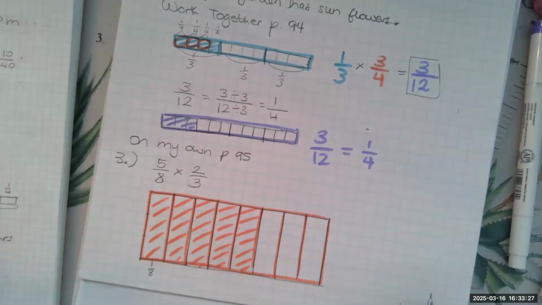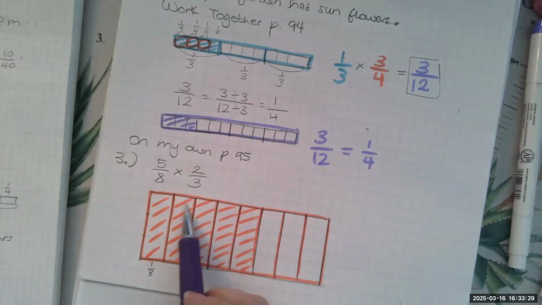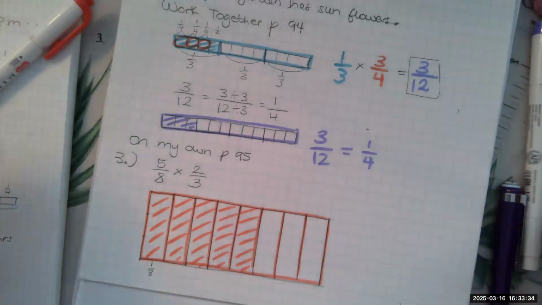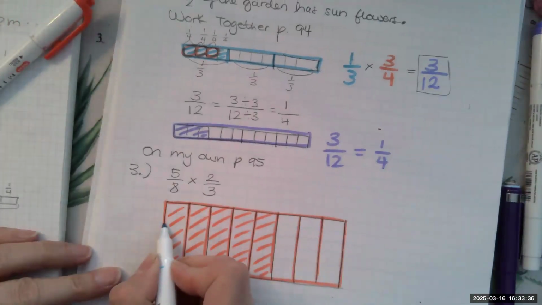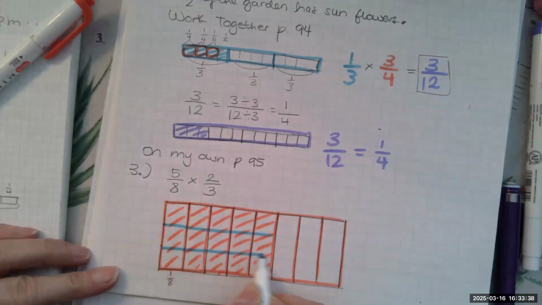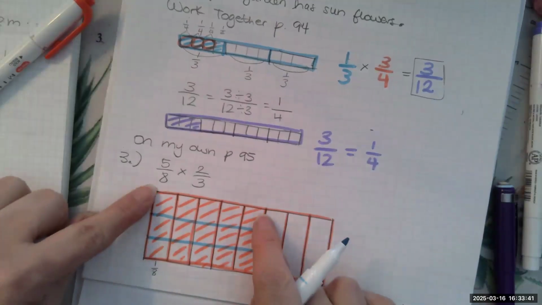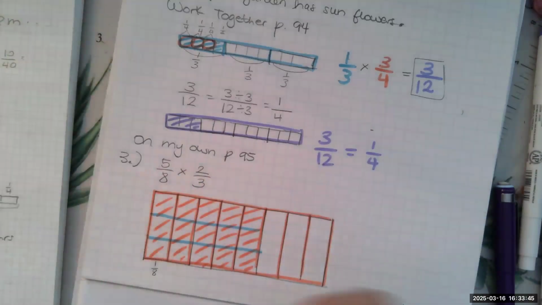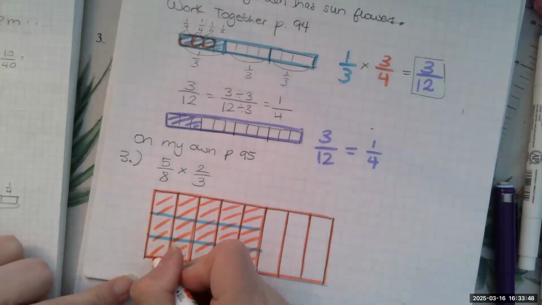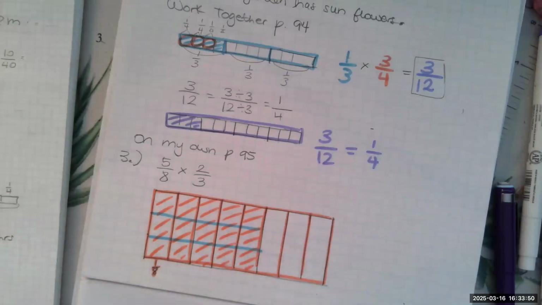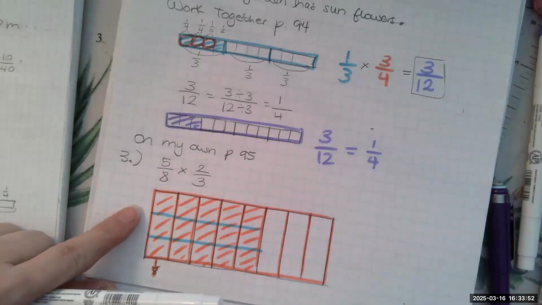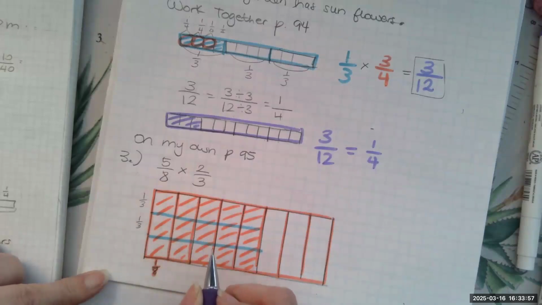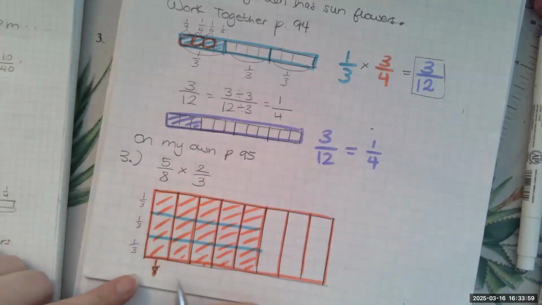All the way through. Then they tell us, I need to divide this part in 3 parts and take 2 of them. So then I say, I divide it into 3 parts. So this is 1/3, 1/3, 1/3.